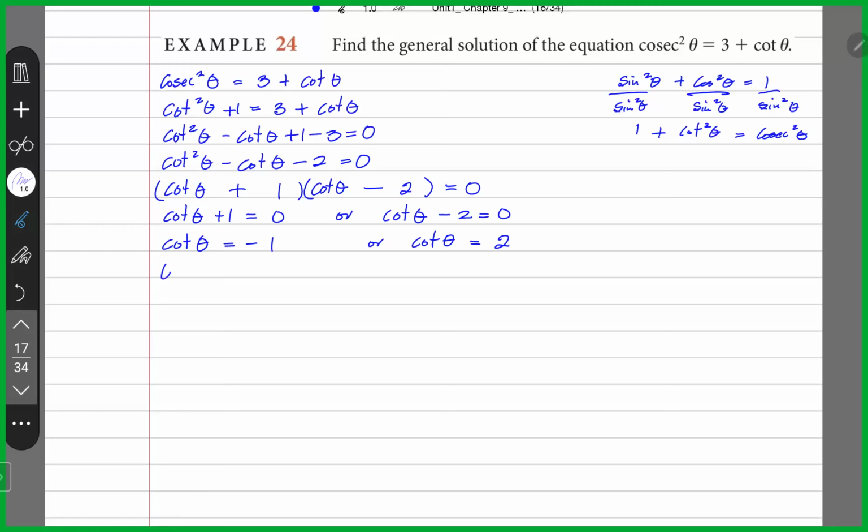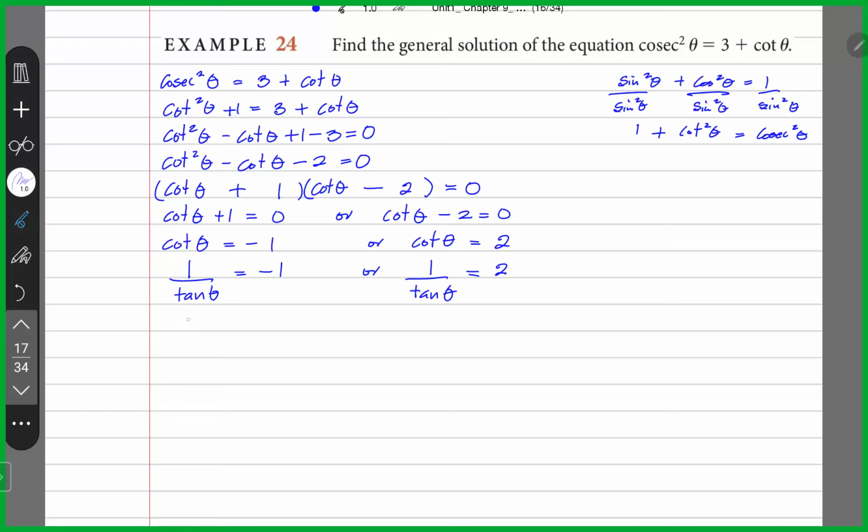So theta, sorry, before I go to theta, now cot or cotangent is the same as saying 1 over tan. So this would be 1 over tan theta is equal to minus 1, or 1 over tan theta is equal to 2.